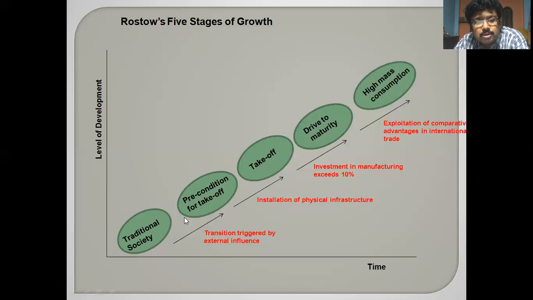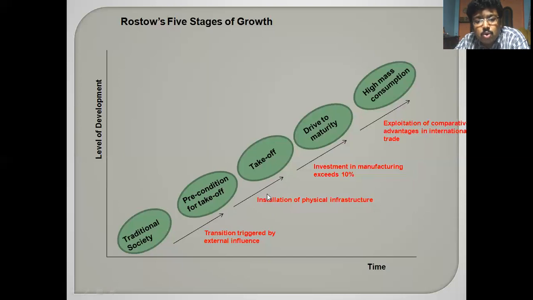Now, the precondition for takeoff. You can say it is a transitional society. Why is it a transitional society? Because the economy seems to transit from the purely primitive state to a touch of technology.